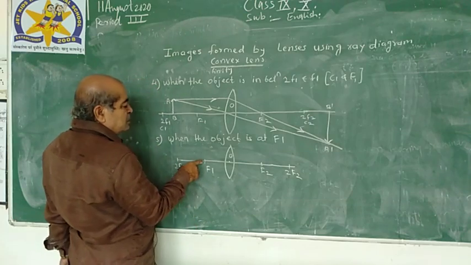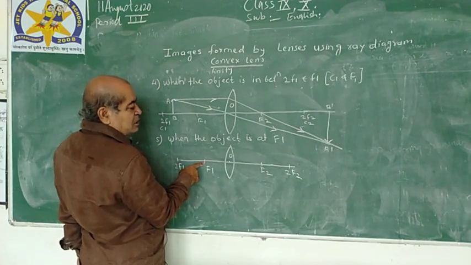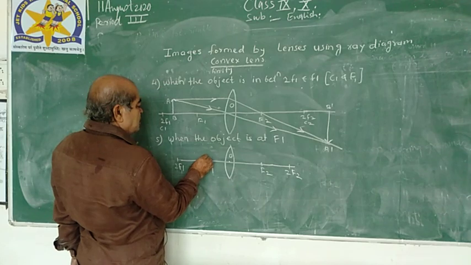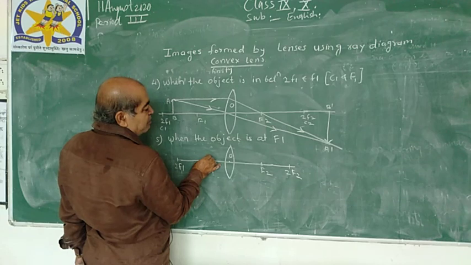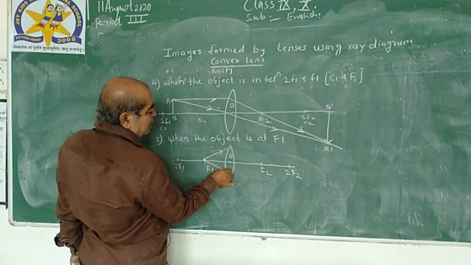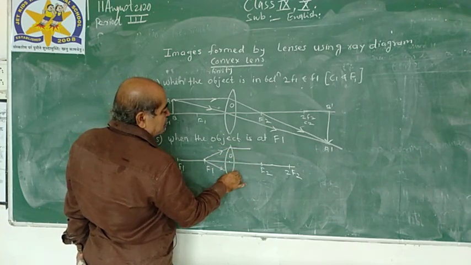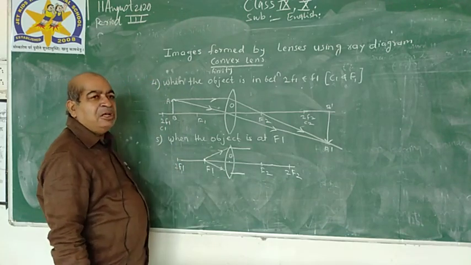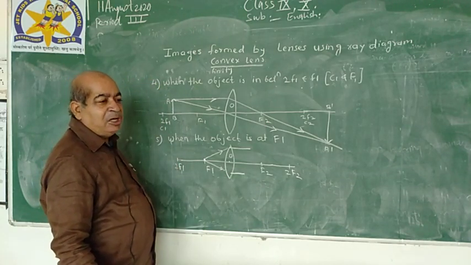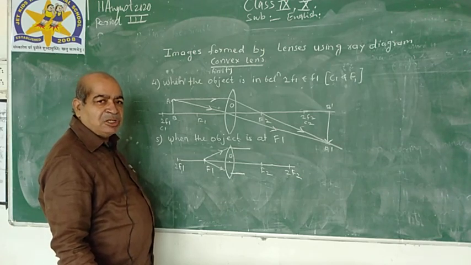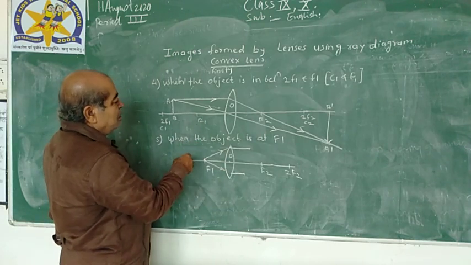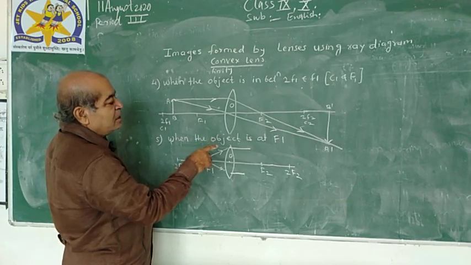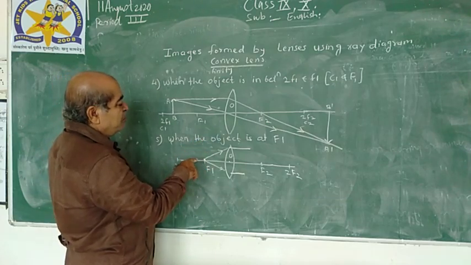So if the object is at the principal focus, then in that case the image is formed at infinity. That is, it is highly enlarged, and a real and inverted image is formed when the object is at principal focus F1.